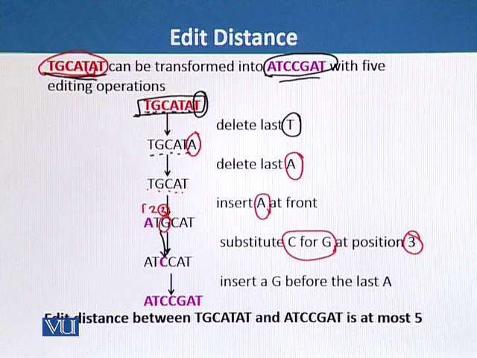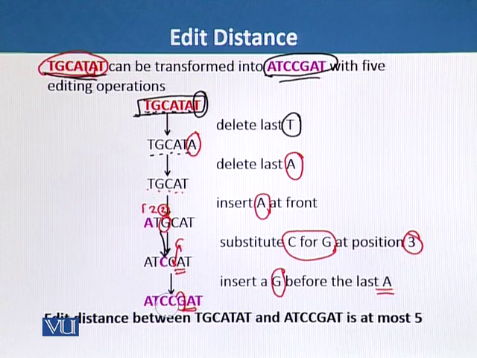In the last step, we will insert G before the last A. We know that the last A is this one. So we will insert G before it, and we have inserted G here.